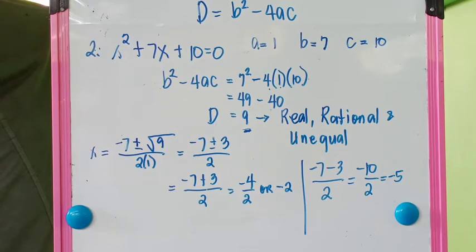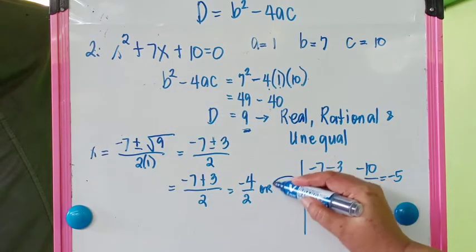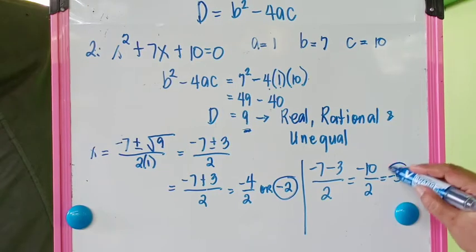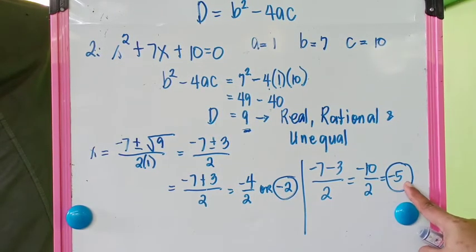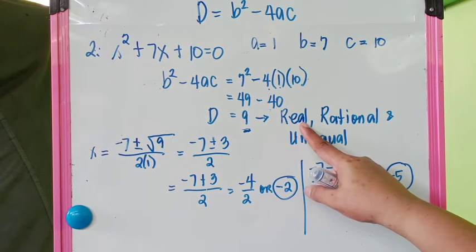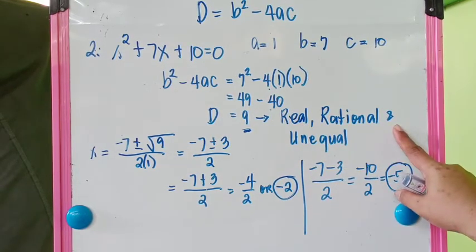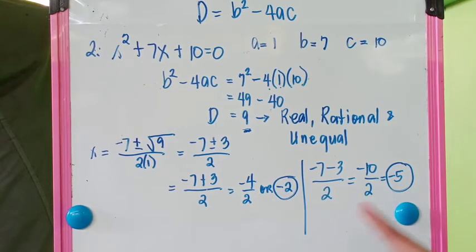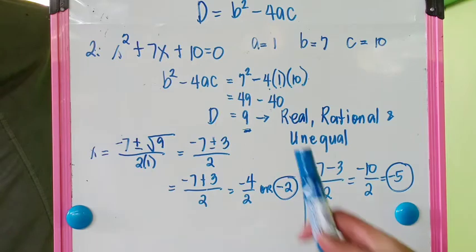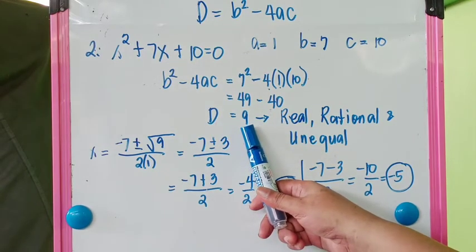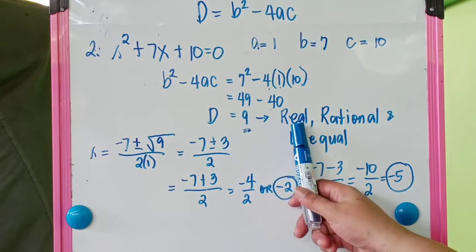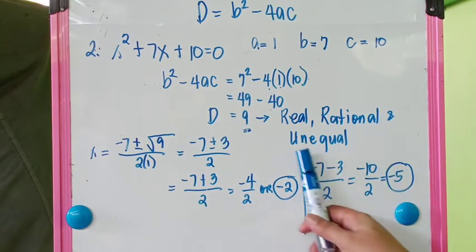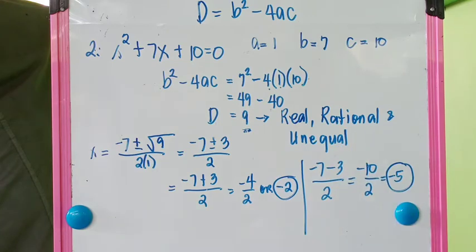So, the roots of this equation are negative 2 and negative 5. So, negative 2 and negative 5 are both real numbers, rational, and they are not equal. So, tandaan, if the discriminant is a perfect square, then the nature of the roots are real, rational, and unequal.